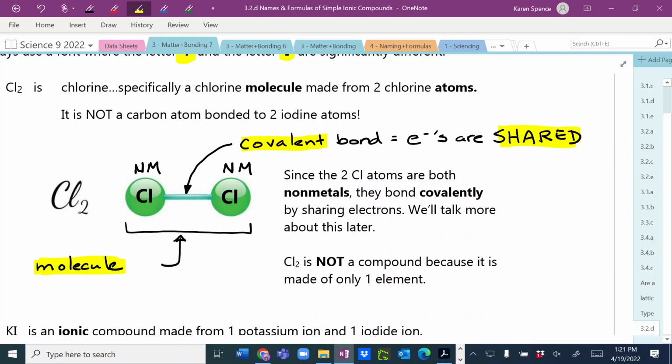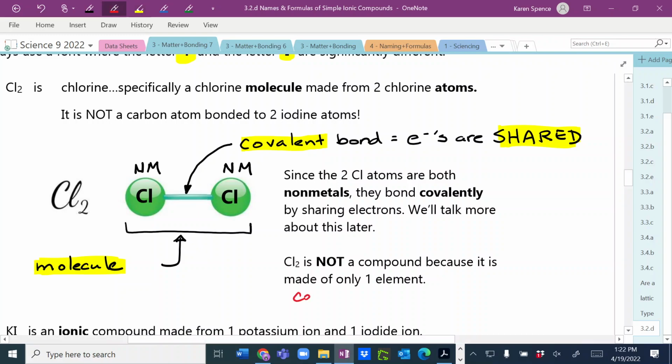It's all good. What would we have to have bonded together to make it a compound? We would need two or more different elements, whereas this one, the elements are the same, okay?